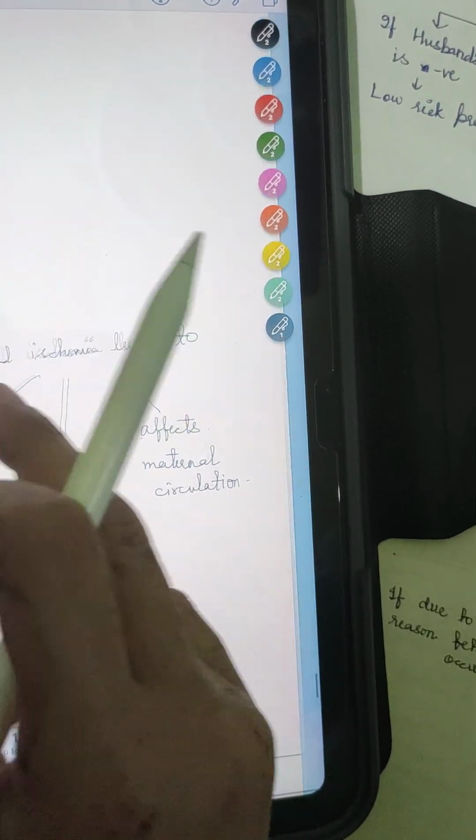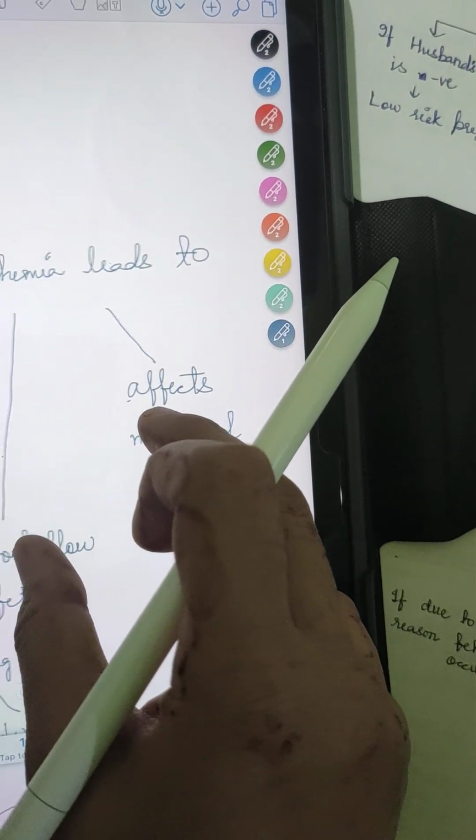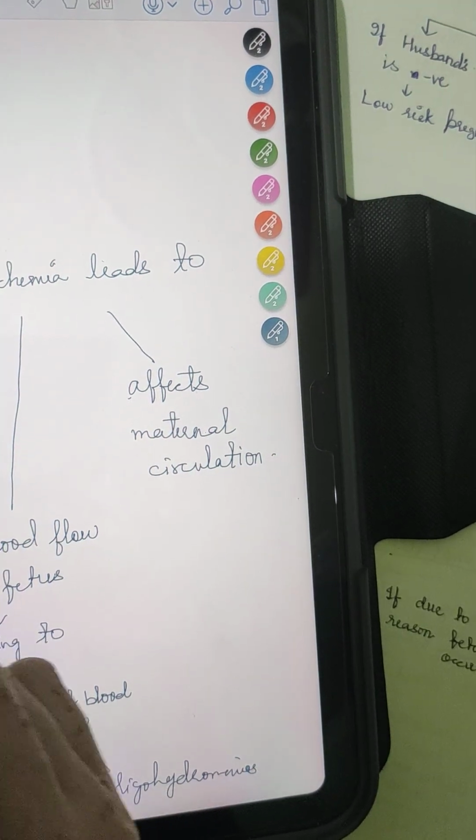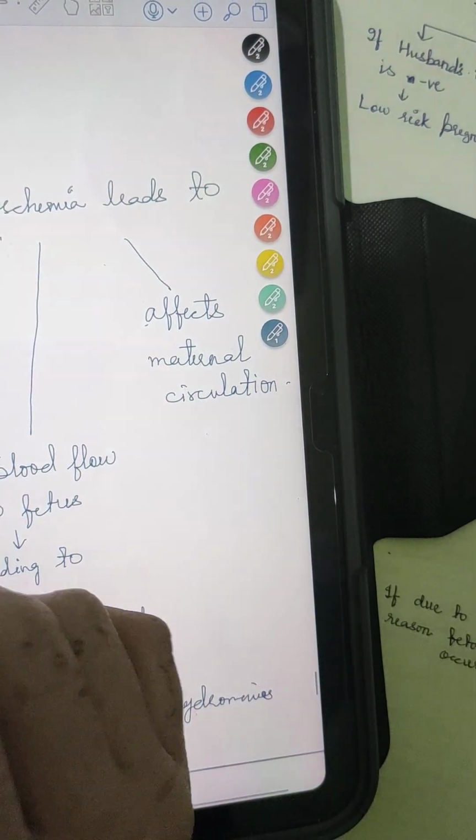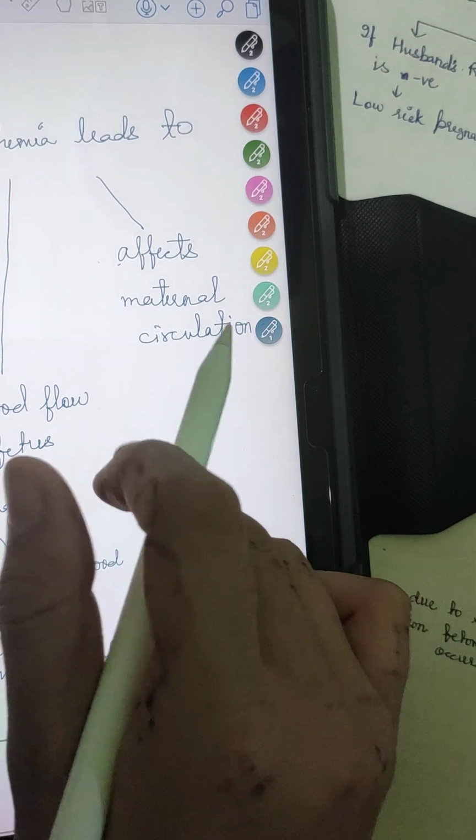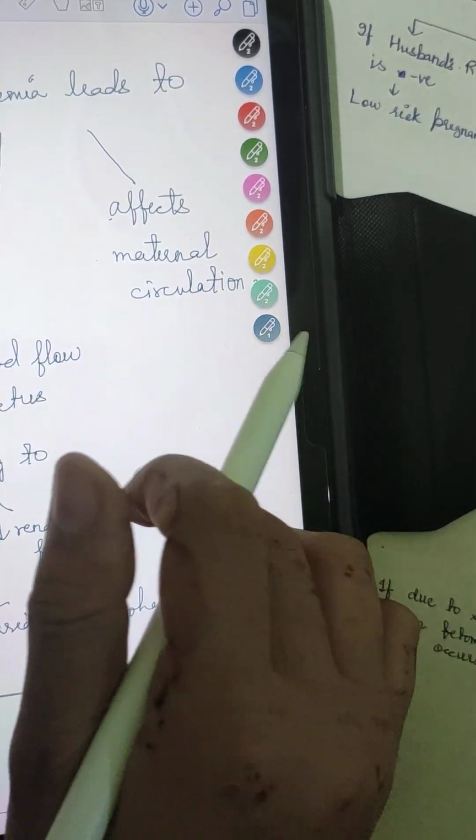So this placental ischemia leads to a small size placenta. The size of the placenta is decreased and there is decreased blood flow to the fetus.